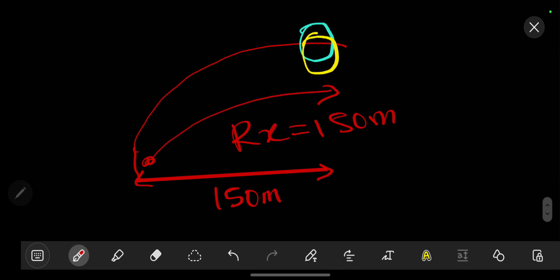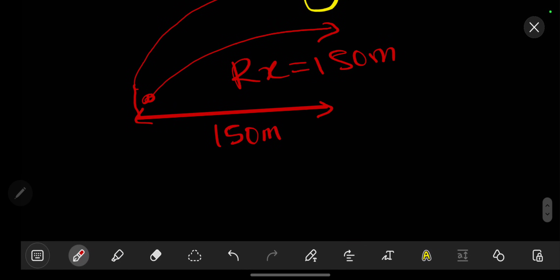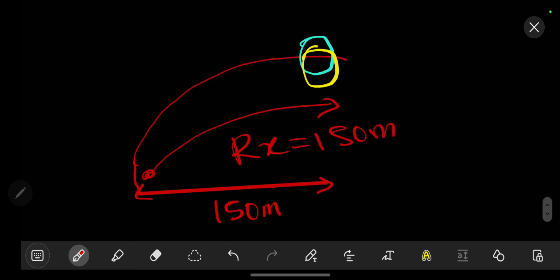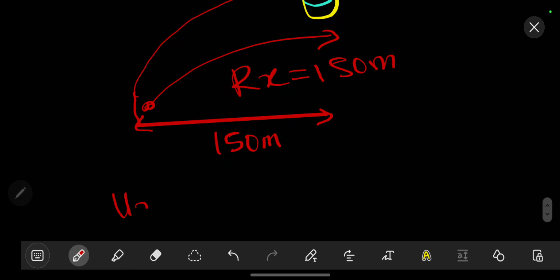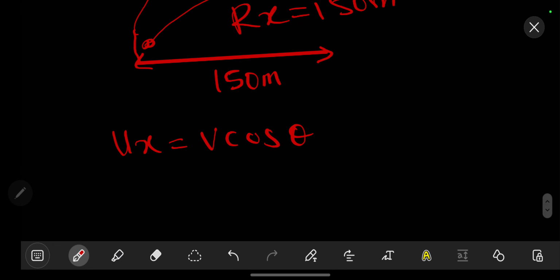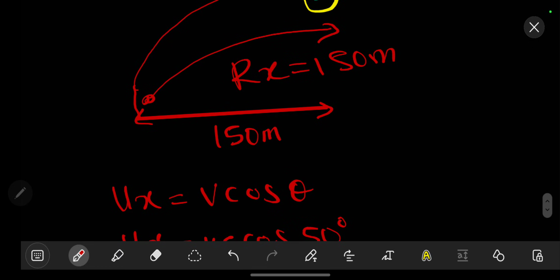So we know that our range, first let's find our velocity in the y and the velocity in the x for the arrow. So we have our ux should be equal to v cos of our theta. We know that the velocity of projection, we have been given that it's 45. Then we have the cos of the angle, 50 degrees. So this is all for the arrow which was shot at this point.